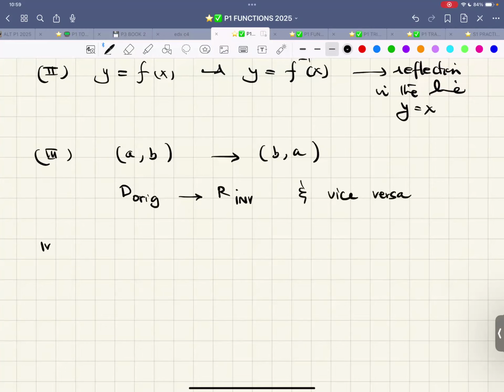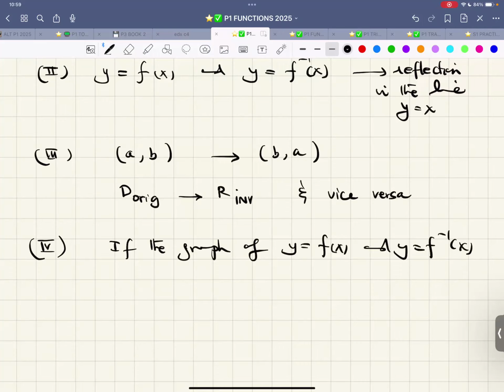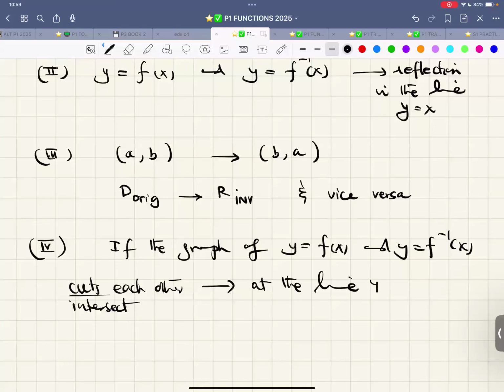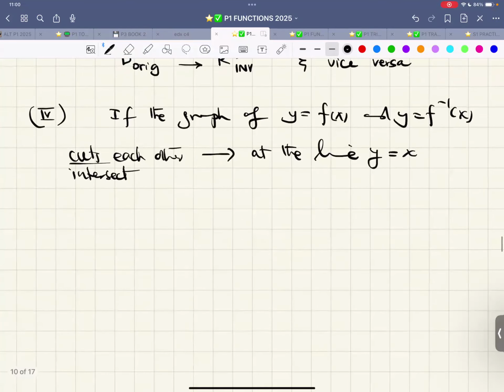Also, it is not necessary that the graphs of f(x) and f inverse cut each other, but if they cut, meaning intersect each other, they will intersect at the line y equals x. And there are two further points which I'm not writing at the moment.